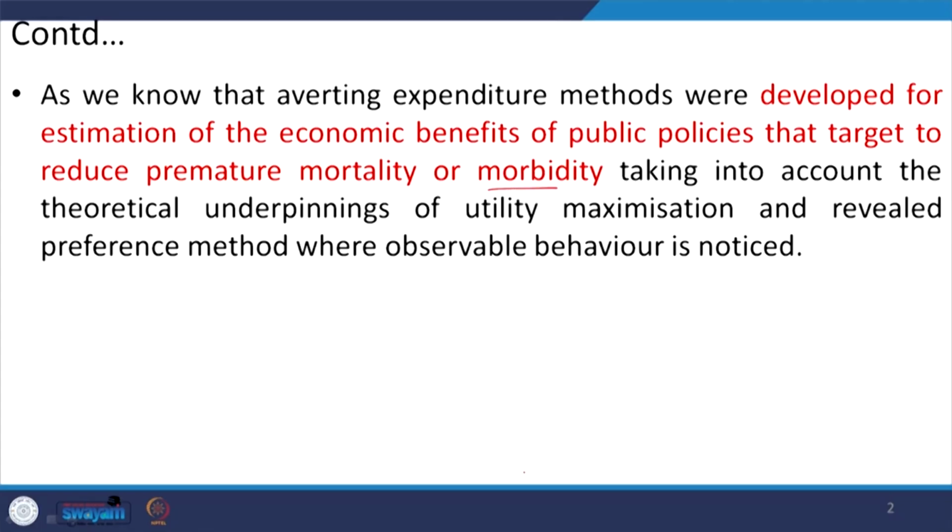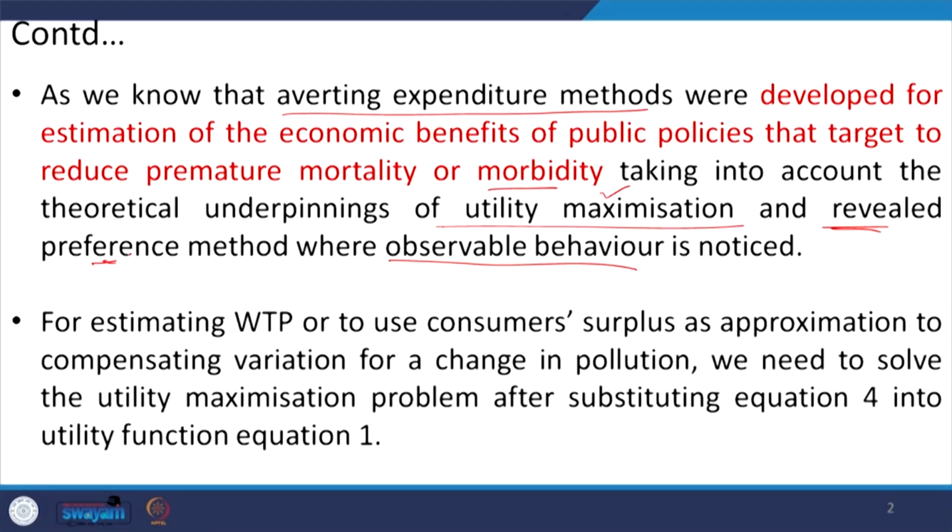In this context we are developing a model, the averting expenditure model, based on the theoretical underpinnings of utility maximization, and the predicting variables that express this utility maximization are based on observable behavior. So, that is why it is a part of the revealed preference method.